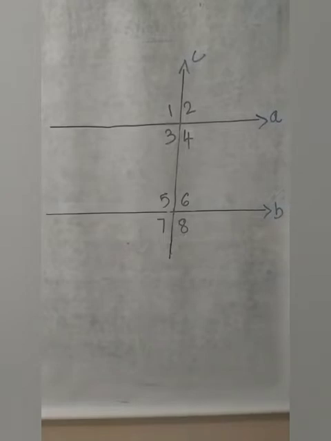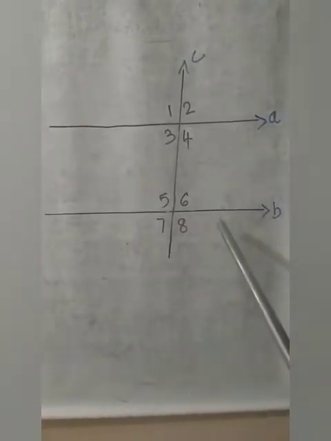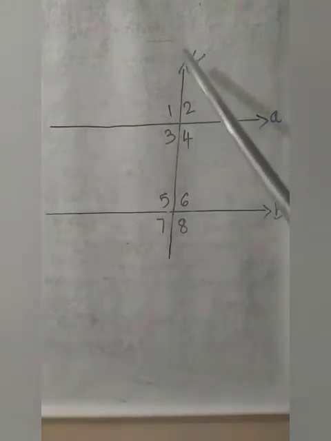Alternate interior angles, alternate exterior angles, corresponding angles, interior angles on the same side of the transversal, then interior angles, exterior angles. So these are the angles formed by a transversal. Now, first we are assuming the two lines intersected by the transversal are parallel. That means the two lines are A and B, and the transversal is C.